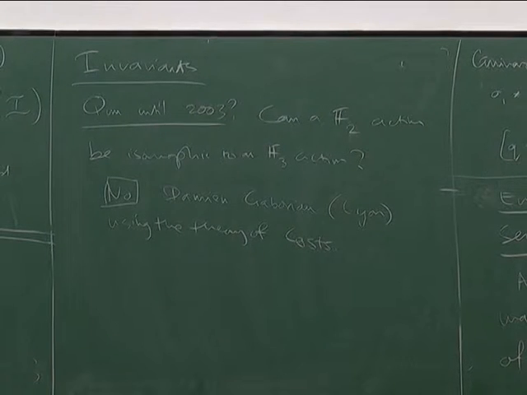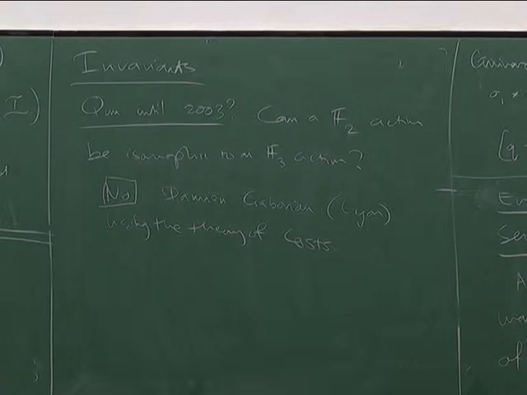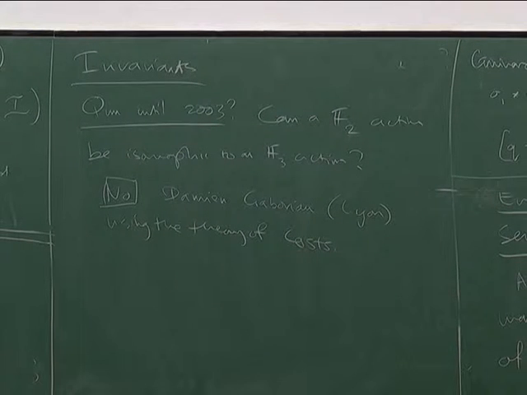So I thought I might spend a bit of time telling you how the theory of costs works and why that distinguishes between the actions. There's been a great deal of interest in the theory of costs.